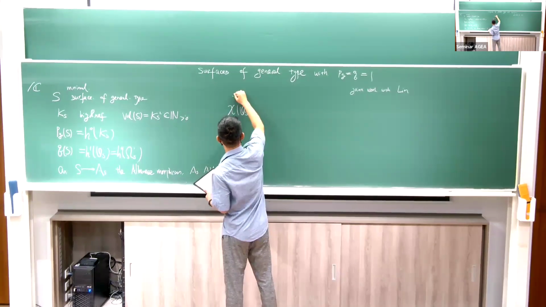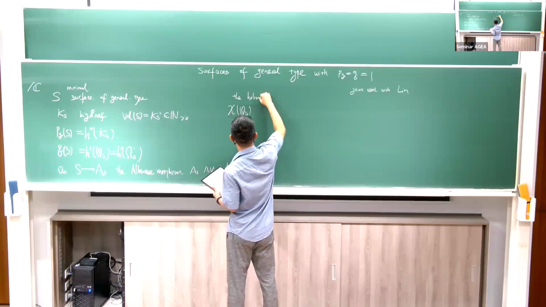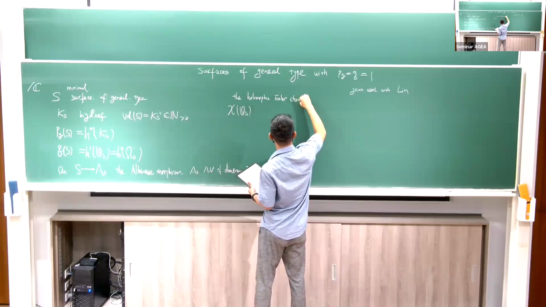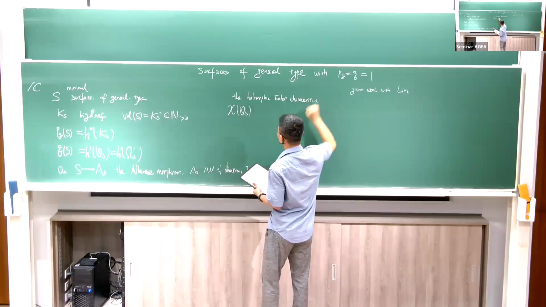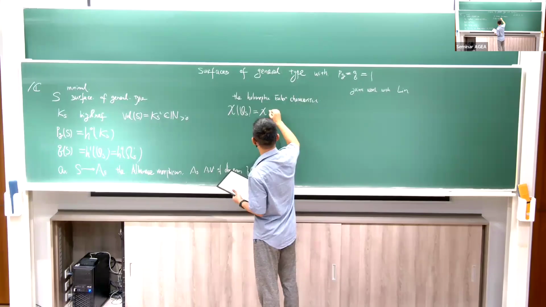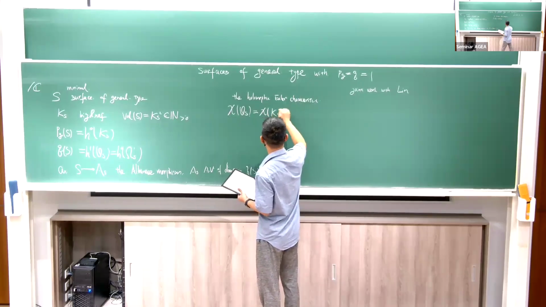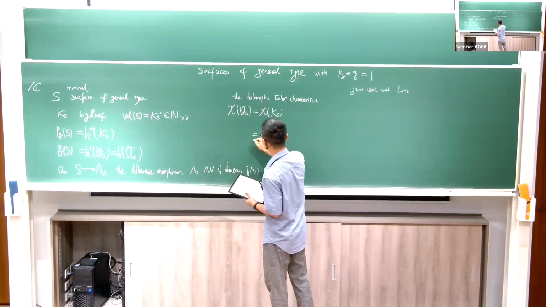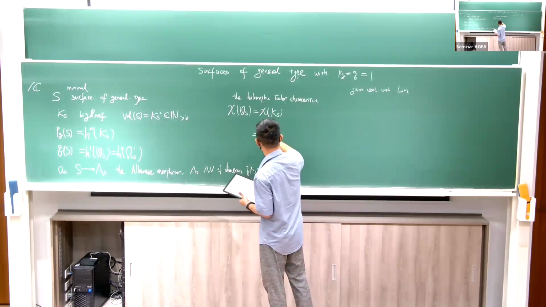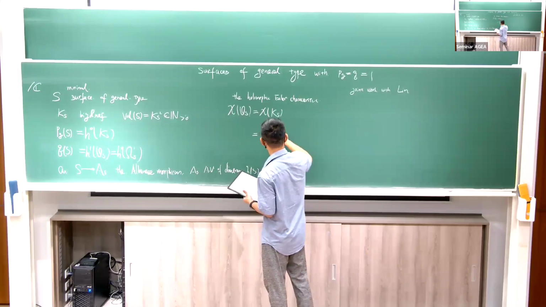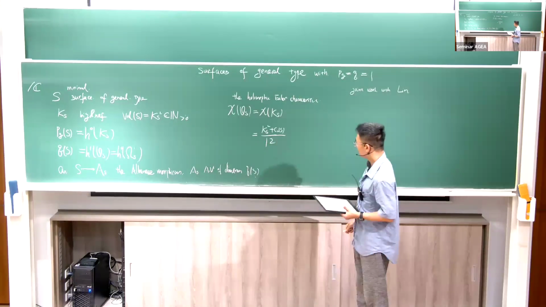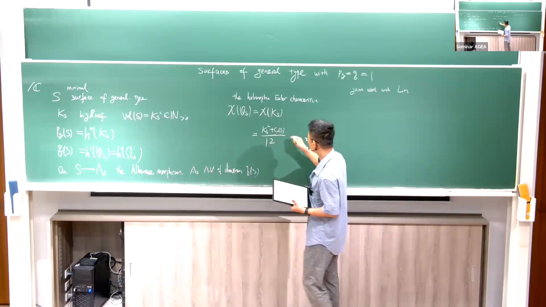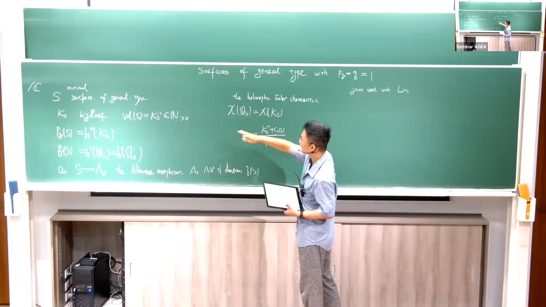Again by Serre duality, this is also the Euler characteristic of the canonical bundle, and we can write it down by Noether's formula as K^2 plus c_2 over 12. For surfaces of general type this is special, because we know K^2, the volume, is a positive integer.